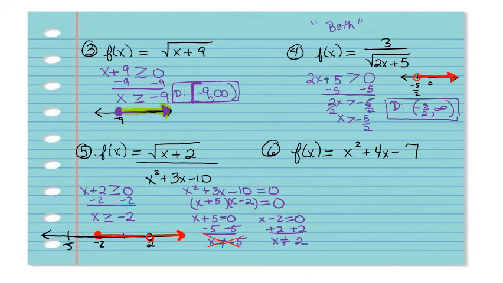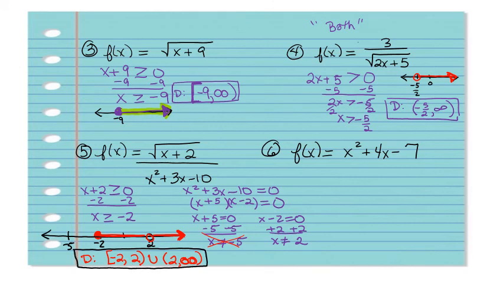So this is what my domain is going to look like. And in interval notation, it's going to be a bracket for the negative 2, and then a parentheses for the 2, and then we're going to skip it to positive infinity. That is going to be my domain for this one. Very complicated.